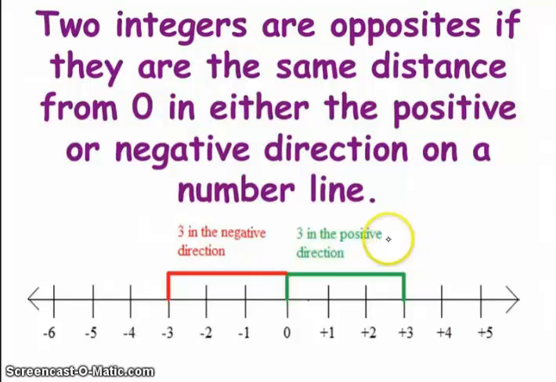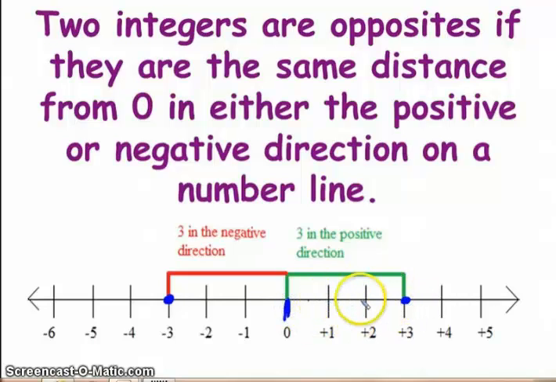Let's take a look at an example here. So here we have positive 3 and negative 3 on the number line. Those two are called opposites because they are the same distance from 0. 0 is right here.